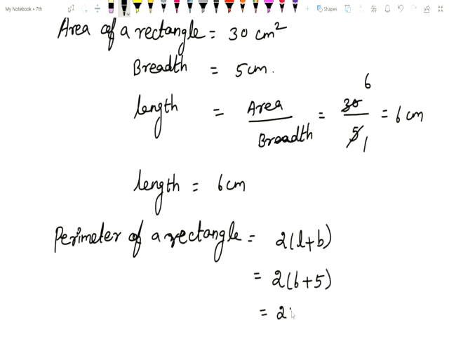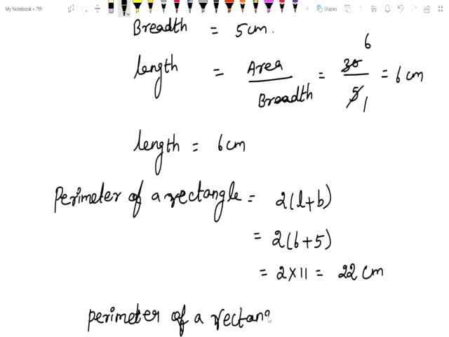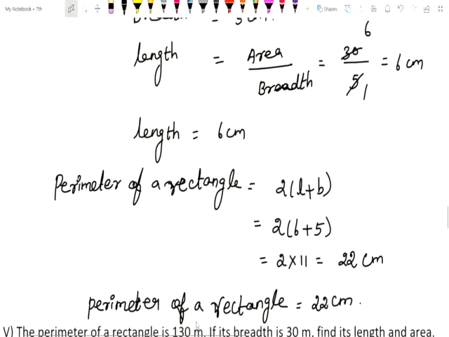So 2 into 6 plus 5, 11. 2 11s are 22 centimeter. So therefore perimeter of a rectangle equals 22 centimeter. You understand, children? See the next one.